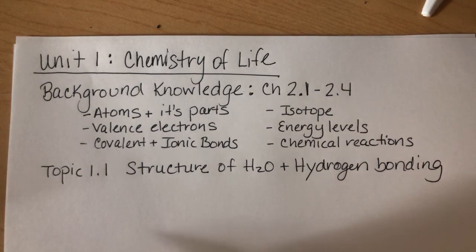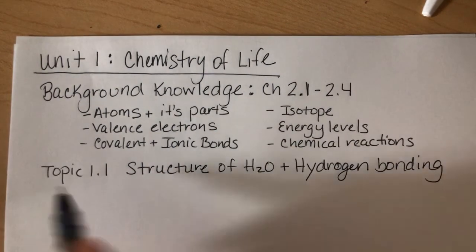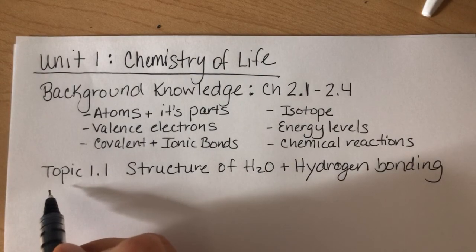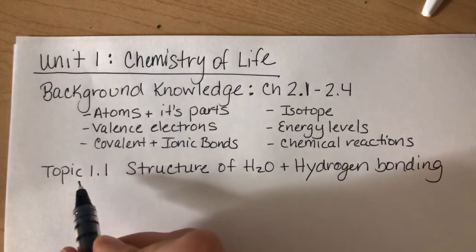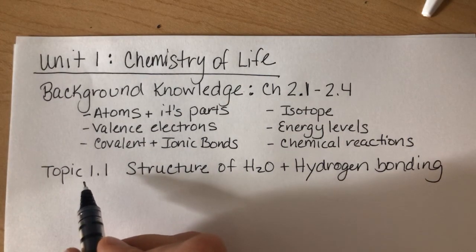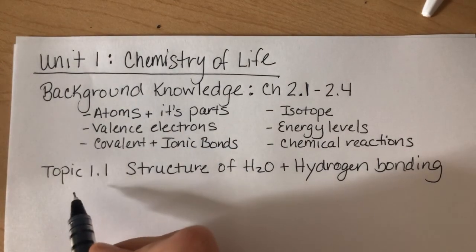This is what the whole thing is going to be about. With this topic, there's a learning objective. For this one, there's only one learning objective. Sometimes there will be multiple learning objectives, but there's only one here.